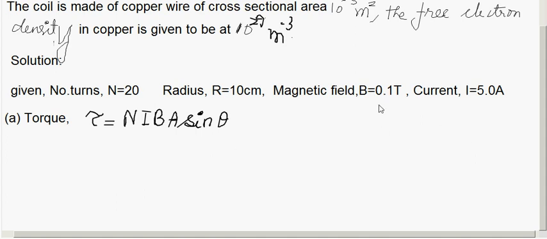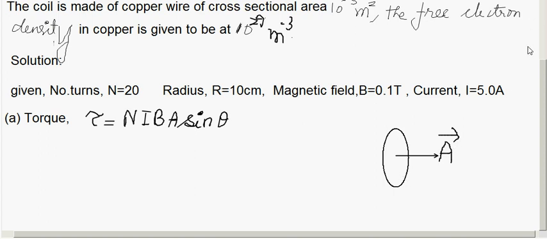Now here we are given a coil and it carries some current, and what is the direction of the magnetic field and the area vector? If this is the direction of the area vector, that is the line which is perpendicular to the plane of the coil.